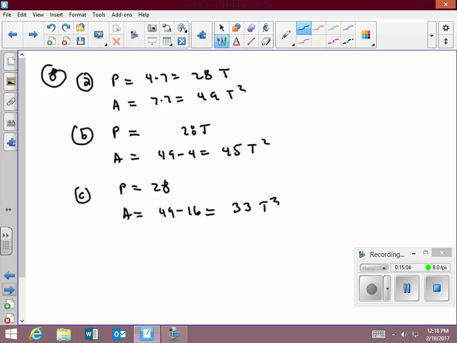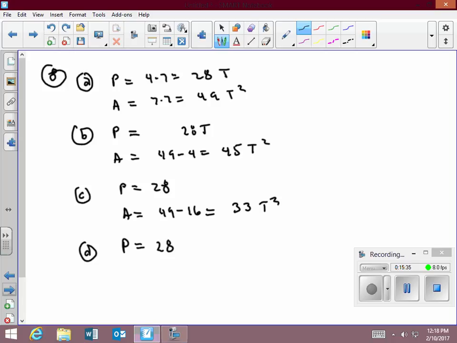Okay, then D, it says, if the squares in the corners have three toothpicks per side, find the perimeter and the area of the figure. So the perimeter is still going to be what? Still 28. Now each corner is going to have what, 9 out?